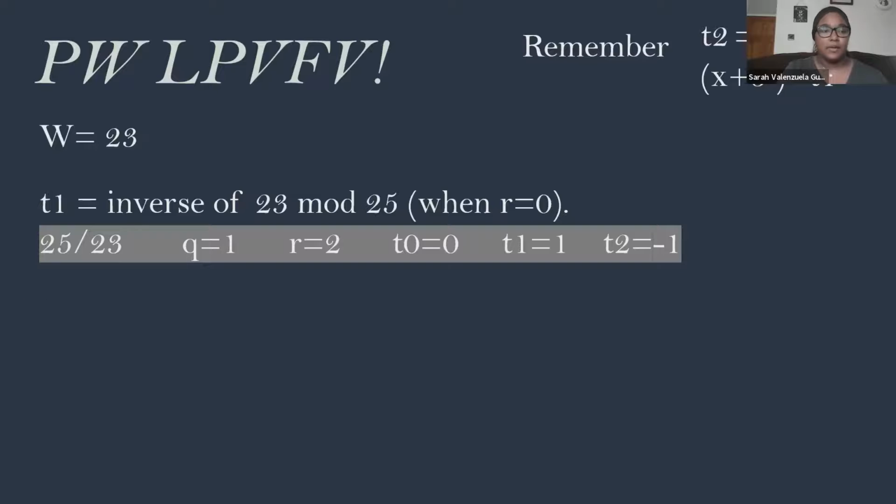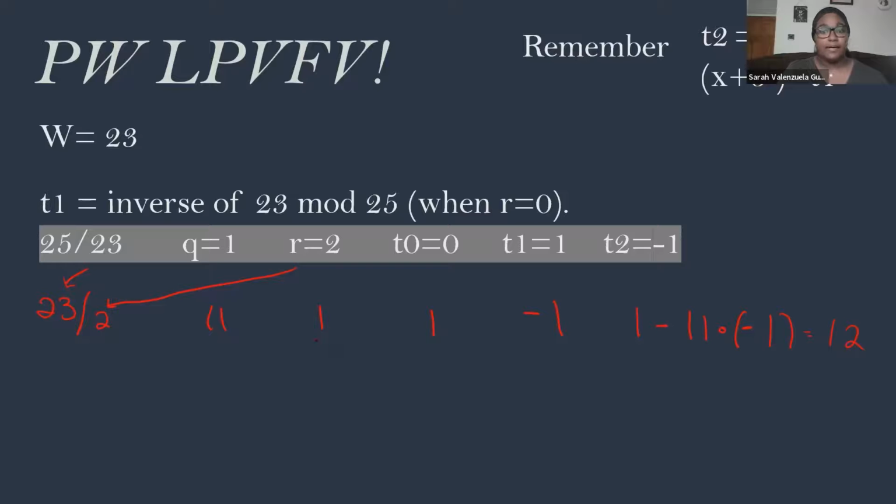So we know that in our next row, our B is going to be our next A, and our remainder is going to be our B. We know that 23 divided by 2 is 11 with remainder of 1. So T0 is going to turn into T1. T1 is going to turn into T2. And T2, according to our formula, is 1 minus 11 times minus 1. We know that this is 12.